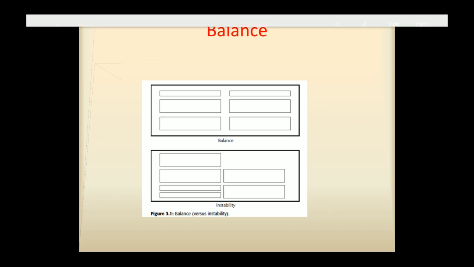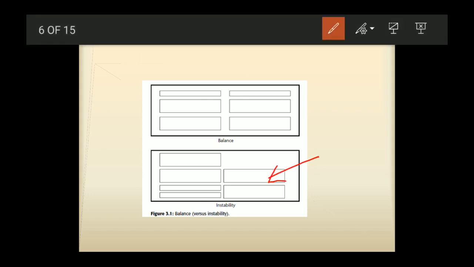You can look into the second diagram here, wherein you observe that the design elements are ready to topple over. A discomfort with instability or imbalance is reflected every time we straighten a picture hanging askew on the wall. Balance is most often informal or asymmetrical, with elements of different colors, sizes, and shapes being positioned to strike the proper relationships.